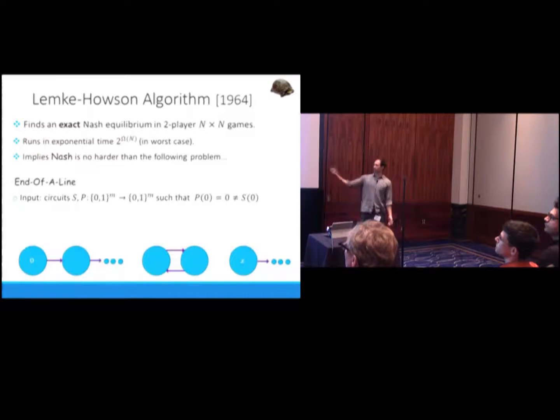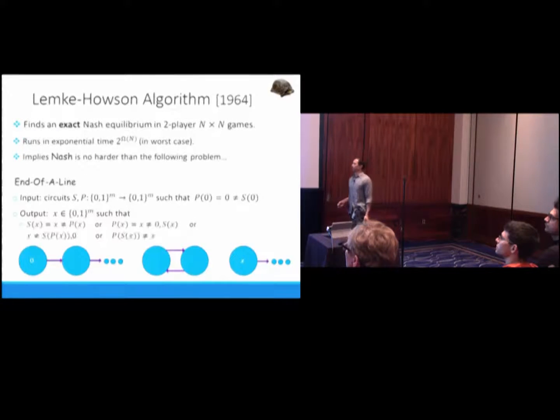In End of a Line, you have an exponential-sized graph that is given implicitly by circuits that tell you what the neighbors of each vertex are. And you have an odd degree vertex, 0, at the beginning. You're given an odd degree vertex. There must exist another odd degree vertex, and you want to find another odd degree vertex.